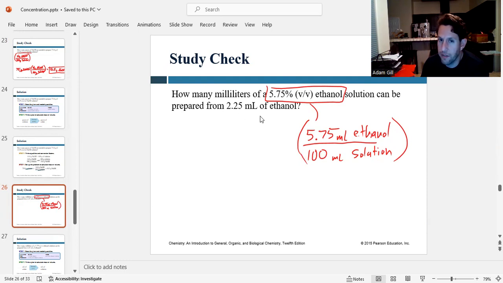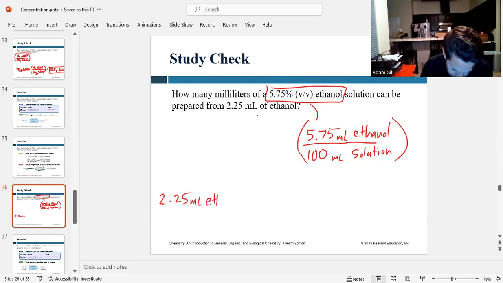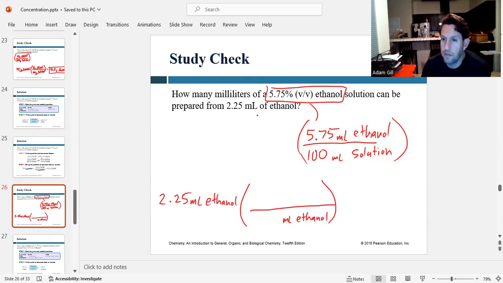So let's start with the given value here. 2.25 milliliters of ethanol. And we're going to use our conversion factor but we need milliliters of ethanol on the bottom if we want it to cancel, which means we're going to have milliliters of solution on top.